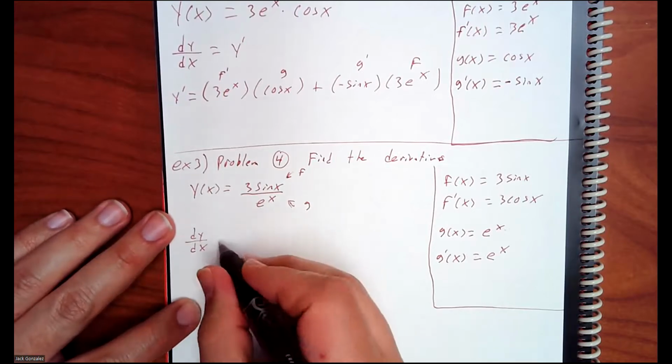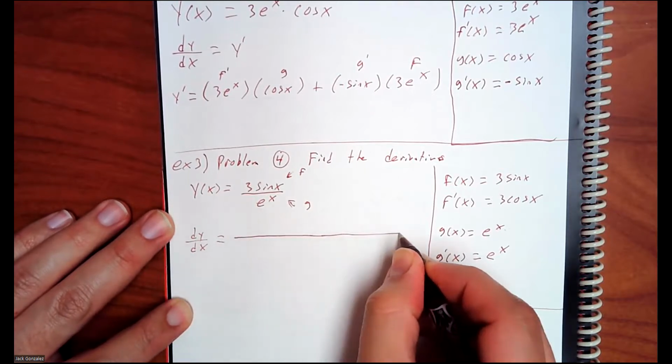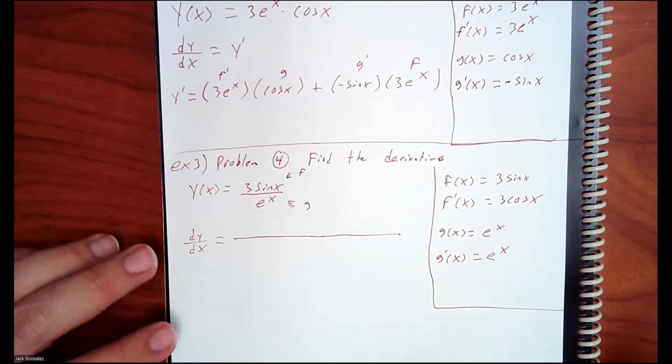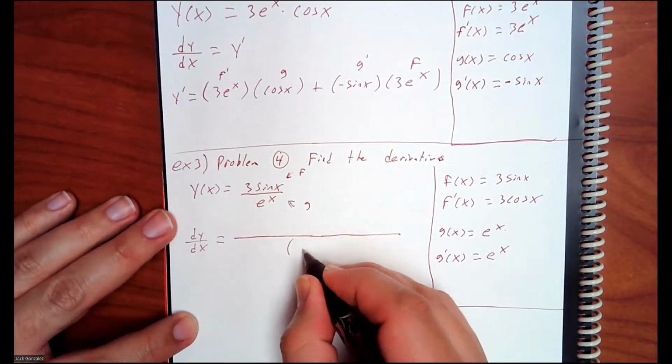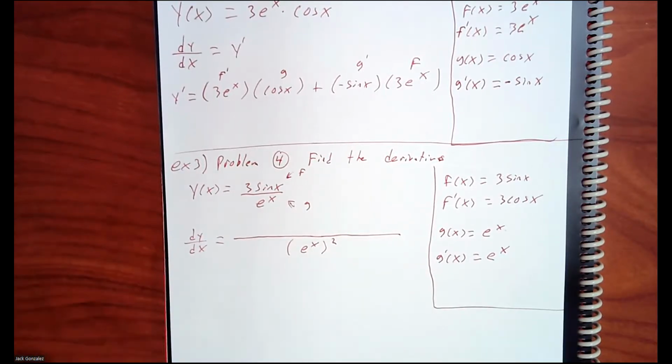Okay. So the derivative, on the formula page, first thing we wrote down, right? Quotient rule. It says g squared on the bottom, right? So you take g and square it. So g is always the one on the bottom. That's what g is referring to in the formula, the denominator.